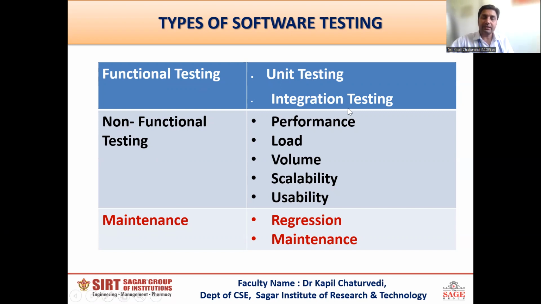Integration testing is a phase where all the modules are merged and assembled in the same place, and testing is applied to check the flow, the functionality, the logics, inputs, and outputs by integrating the different modules.